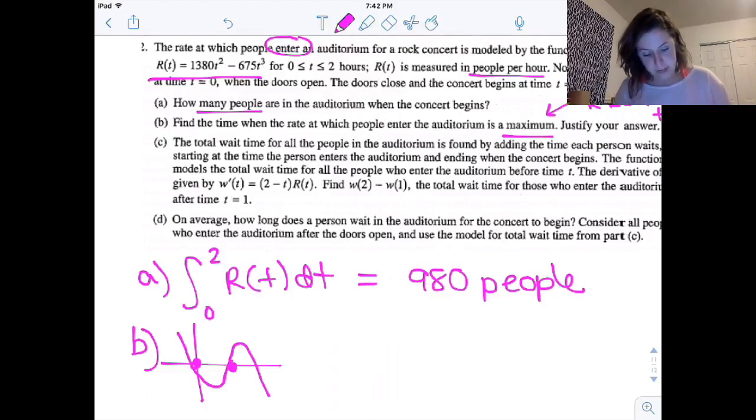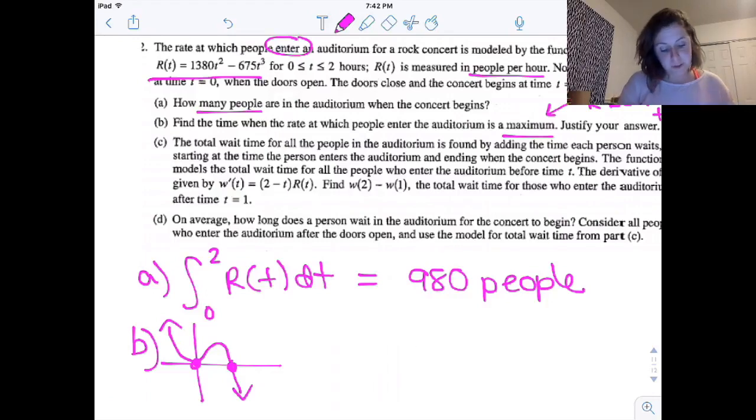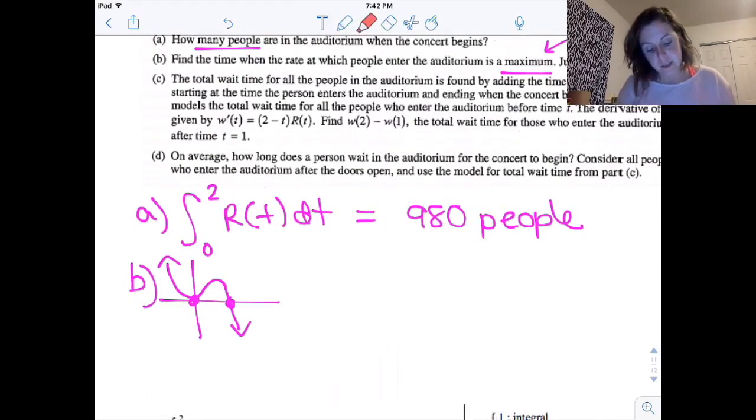Actually, hang on a sec. It's going to look like that. So which one of those is my maximum value? Looking at your graph, I can see that this is tangent there. I can see that there R actually goes from positive to negative.